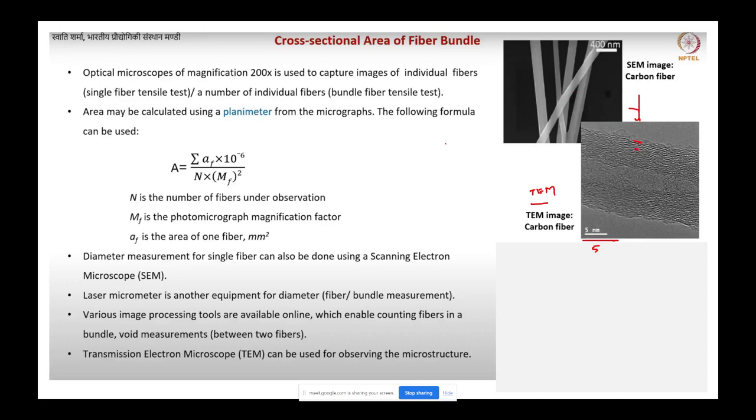Optical microscopes of magnification 200x are used to capture the image of individual fibers, a single fiber, a number of individual fibers, or the bundle of fibers.